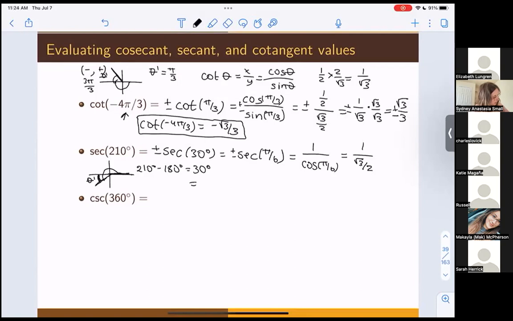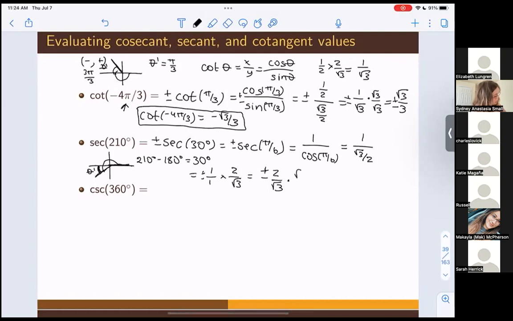Doing some arithmetic and dividing 1 by √3 over 2, we invert and multiply the bottom fraction. So we get plus or minus 2 over √3. Again, I don't like that square root in the denominator, so I'm going to multiply by that fancy 1 of √3 over 3 to get rid of it.